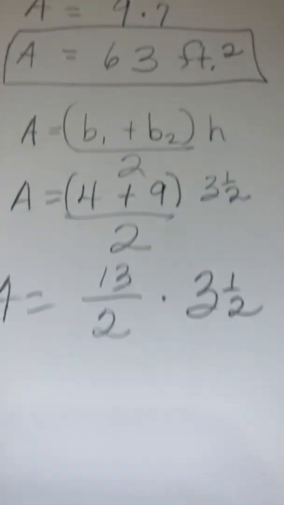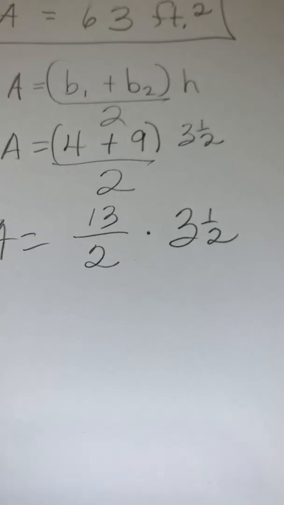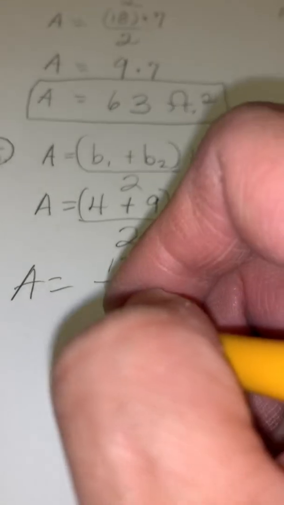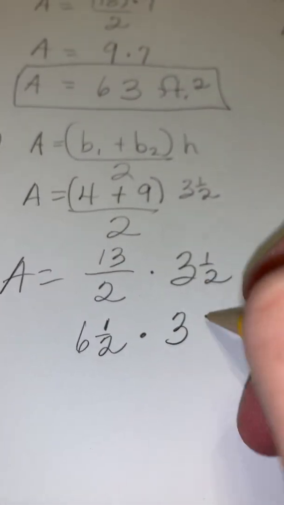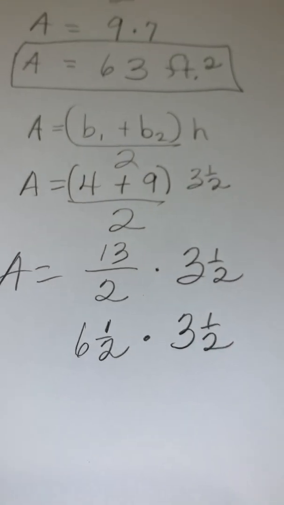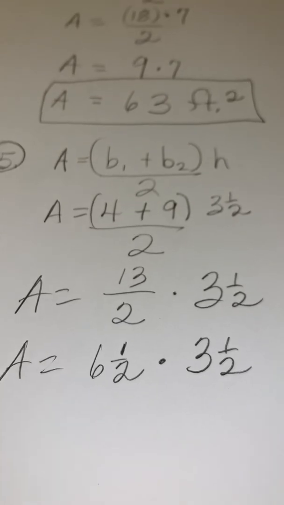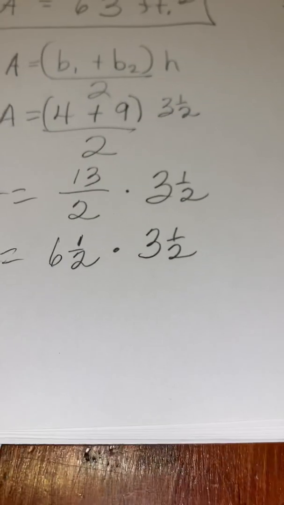Okay, well, what's 13 divided by 2? I know 12 divided by 2 is 6, so 13 divided by 2 must be 6.5. So now we have 6.5 times 3.5. Now you could change both of those to decimals if you wanted to, or you could work those as mixed numbers.